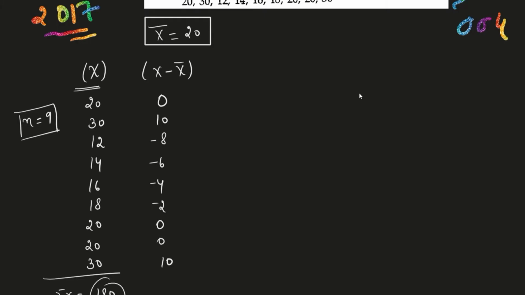Now this is the value of x minus x bar. Now what we have to do next, we have to do x minus x bar whole square, that is, we have to do the square term, right? Now 0 square is 0, 10 square is 100, and same goes for all the values.